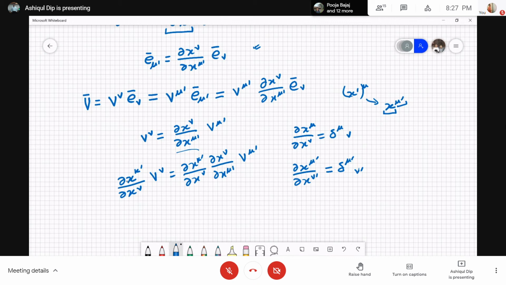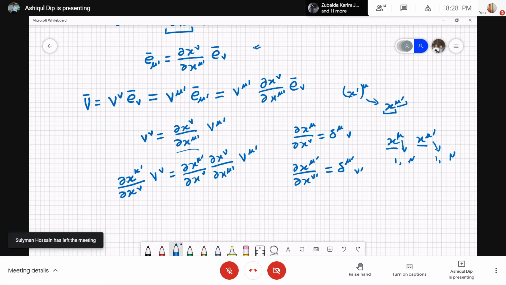So just be careful. We are not going to confuse these two things, x mu and x mu prime. Here mu runs from 1 to n. Also here mu prime runs from 1 to n. But remember, one is the older and the other is the new coordinate. So it's for convenience.